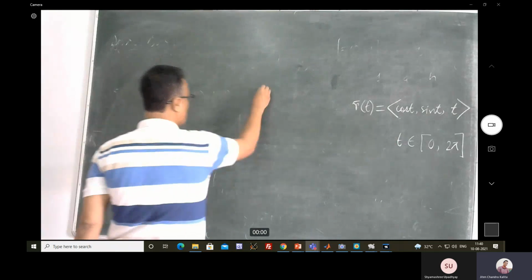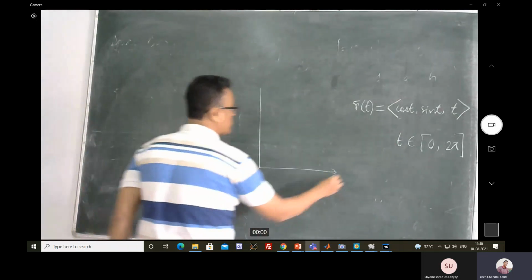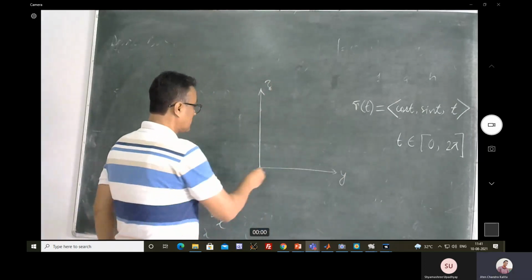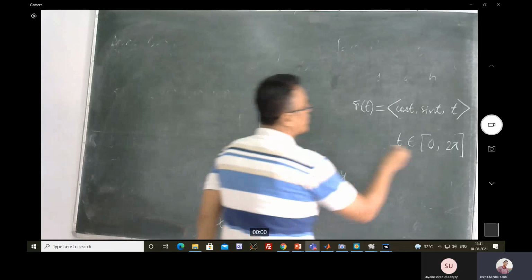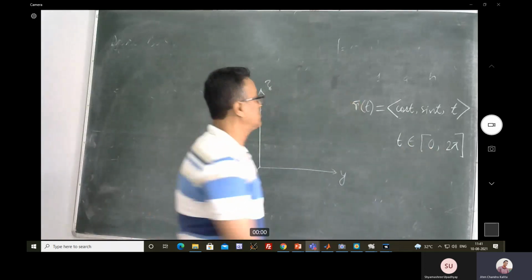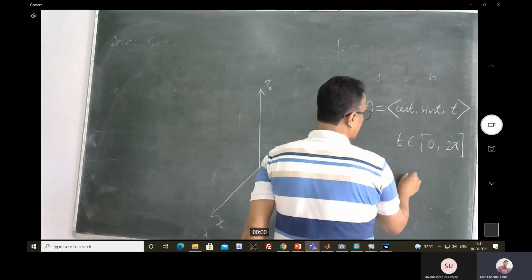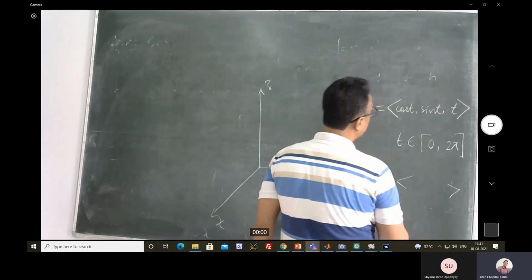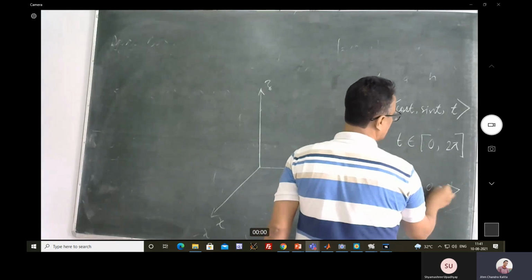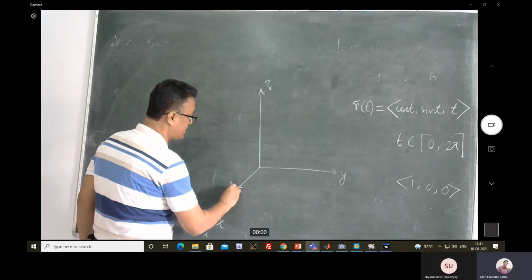Now consider three-dimensional space x, y, z. At time t equal to 0, if I want to find the location of a particle, I simply plug in t equal to 0 here. So the very first point will be defined by this vector (1, 0, 0). My first point is going to be somewhere here.